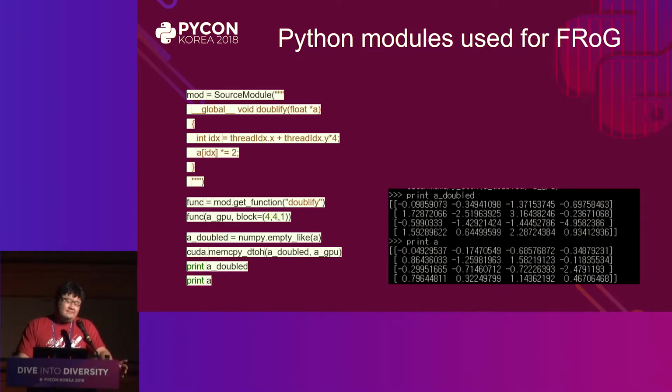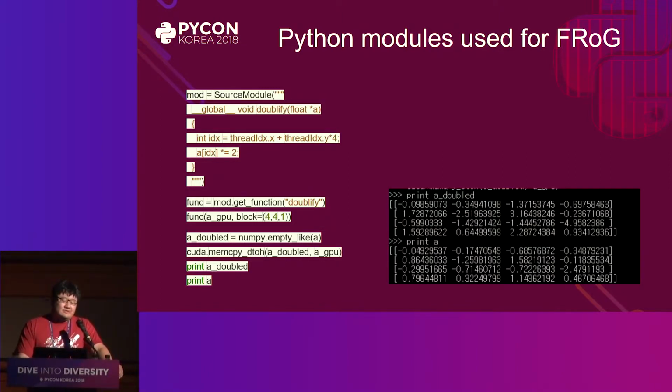We have the core part, which multiplies by 2 the original matrix. So here we define global void float A, which will have one matrix input. And here the IDX is defined as threadIdx.x, which corresponds to the 4 arrays here.